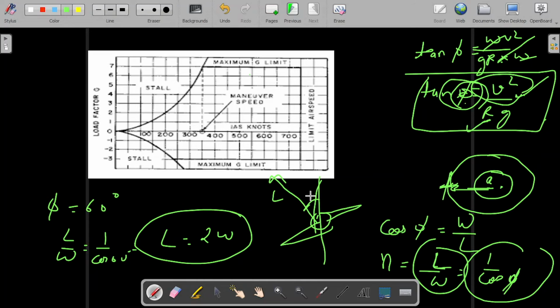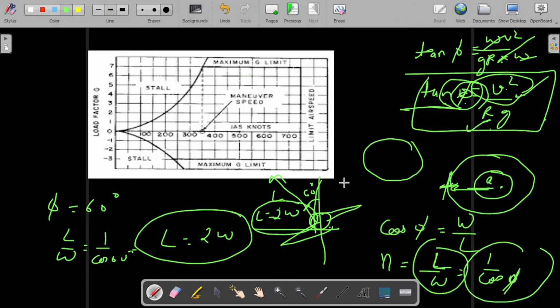If making a bank angle of 60 degrees, then the lift created by the wing should be equal to twice the weight of the aircraft, as we have just proved. So that's how a turning or banking aircraft has a higher load factor, and the velocity and the radius at which the aircraft is making a turn is also governed by a particular equation.